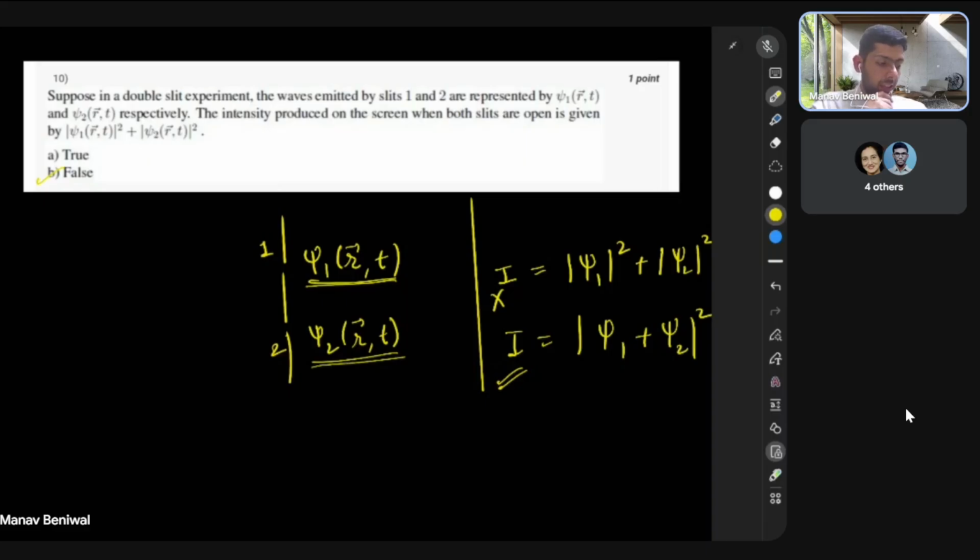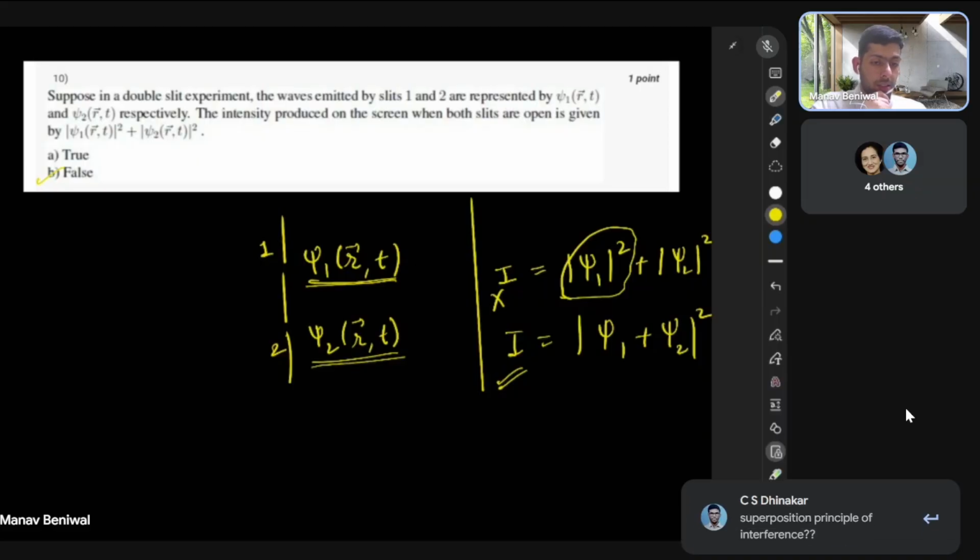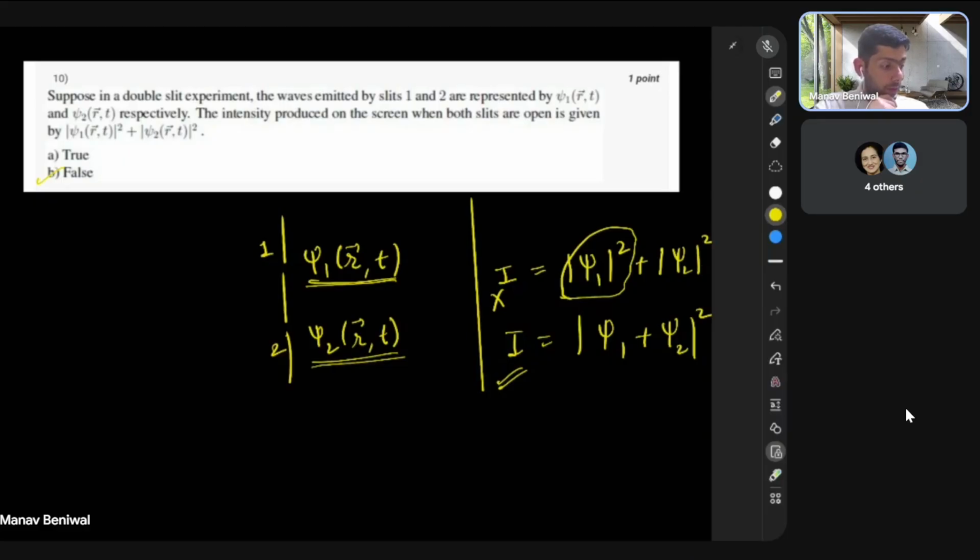We'll say mod psi 1 square is the electrons coming from slit 1, and mod psi 2 square is the number of electrons coming from slit 2. So then our total intensity will be mod psi 1 square plus mod psi 2 square. If you think in terms of classical mechanics, then this seems feasible.